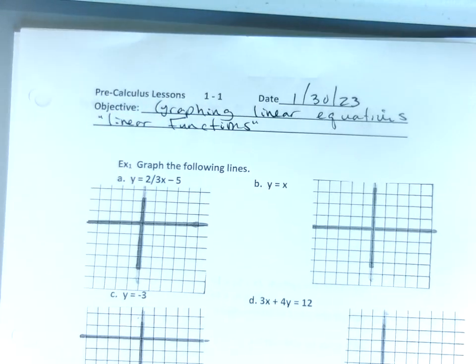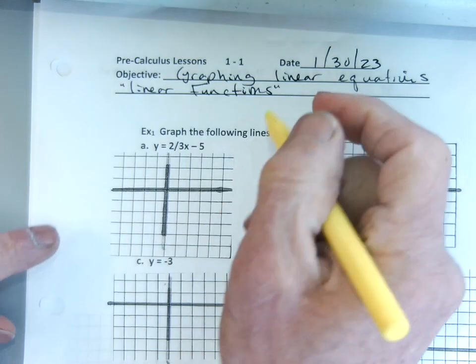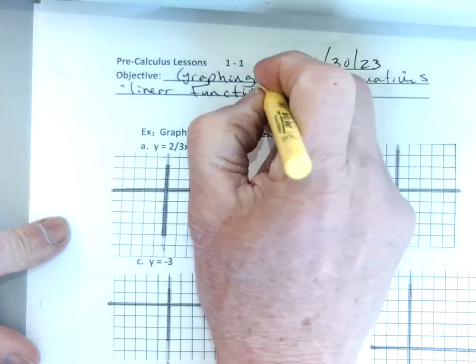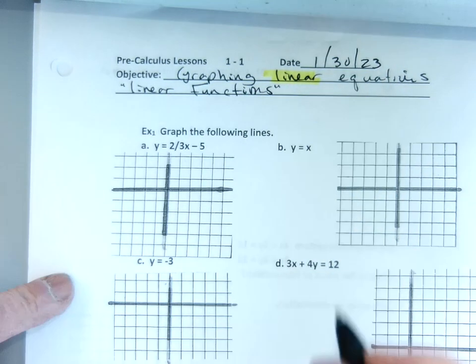Okay. Graphing linear equations, or we'll call them linear functions. And we'll talk more and more about what a function is as we progress. Now, when we see the word linear, we're always going to think a straight line, okay? The word linear, always think straight line.